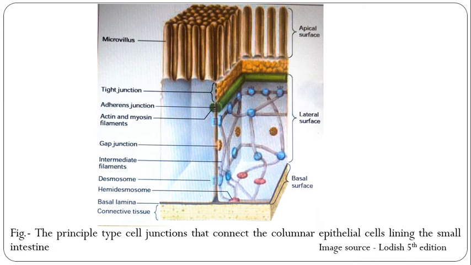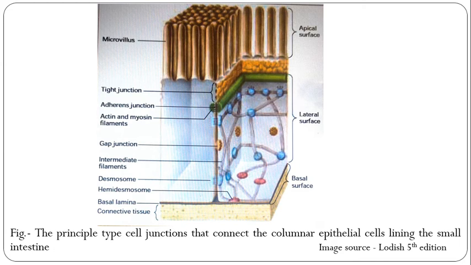The adherens junction is the straight vertical one, and green in color are actin and myosin filaments, proteins: actin for contraction, myosin for relaxation. Actin and myosin filaments are along the lateral surface. Then the gap junction, where transport is possible, and intermediate filaments.